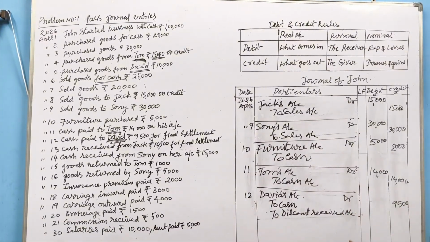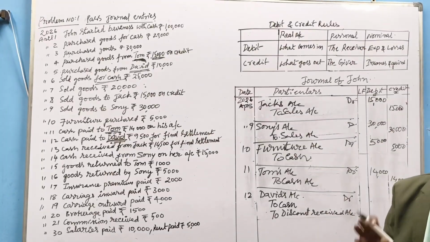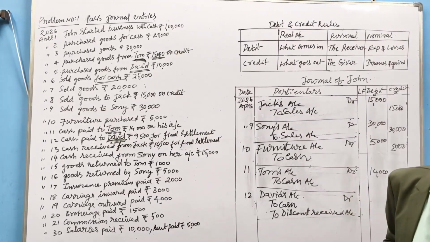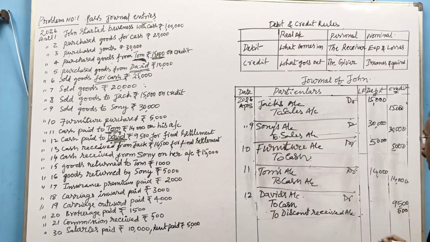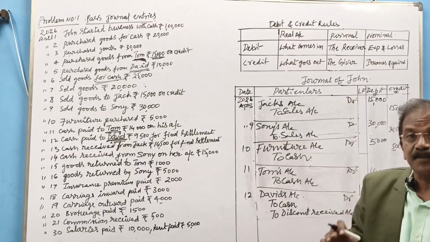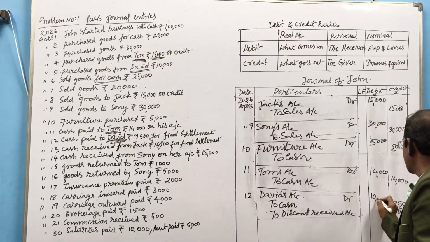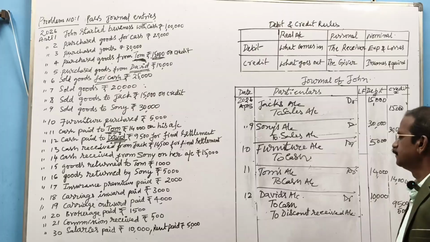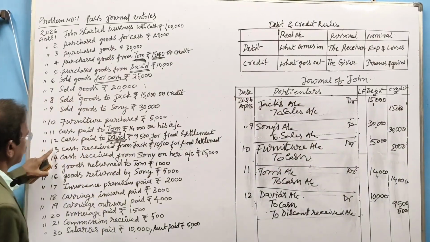Now, how much amount we are retaining with us without paying? 500 rupees. That is our gain. So we have to write here 500. Now, how much we have to think that we are paying? We have to think that we are paying him 10,000. Like this, you have to write this type of journal entries.